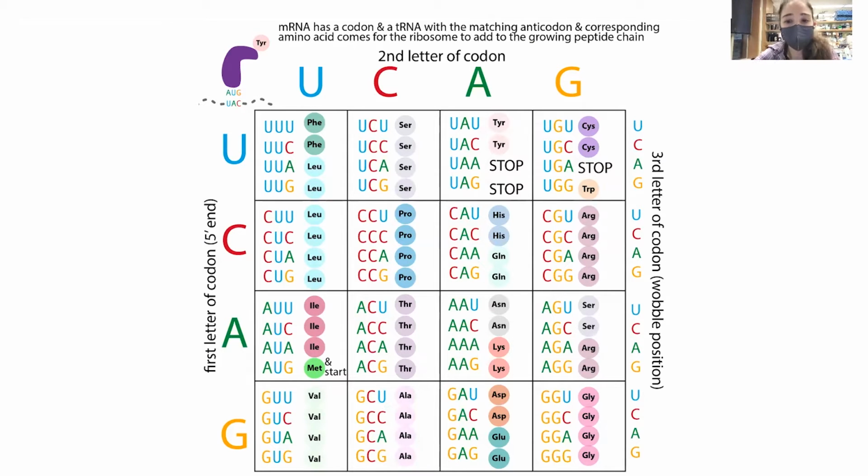But some organisms have suppressed one of the stop codons. Instead of using it as a stop codon, they actually use it to encode an amino acid. This happens in some archaea and bacteria.